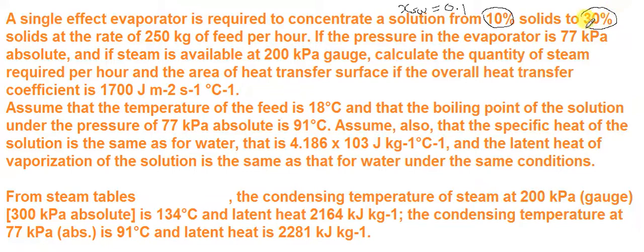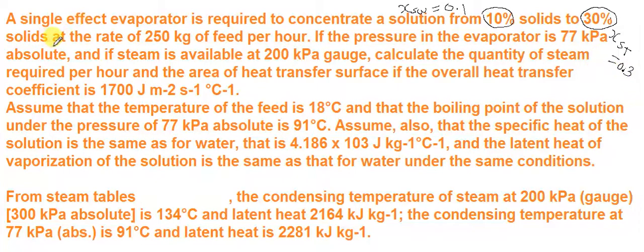So this 30% is the final concentration, the fraction of solids in thick liquor, which will be 0.3. This is in percentage, we want the fractional value, so we take 30 percent divided by 100, giving 0.3.